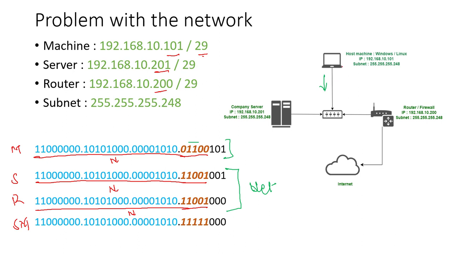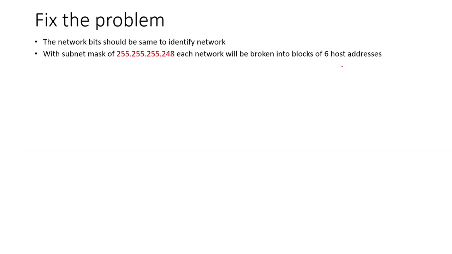So let's fix this problem. To fix it, the network bits should be the same to identify the network, right? Now if we have a subnet mask of 255.255.255.248, how many networks and how many hosts can we have?